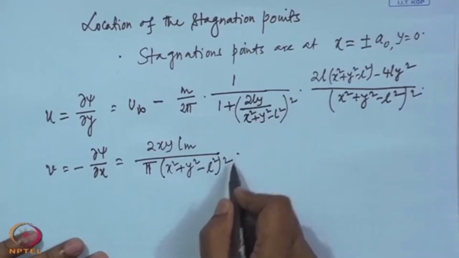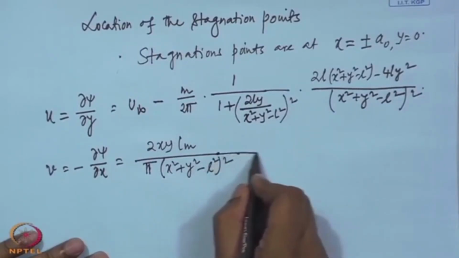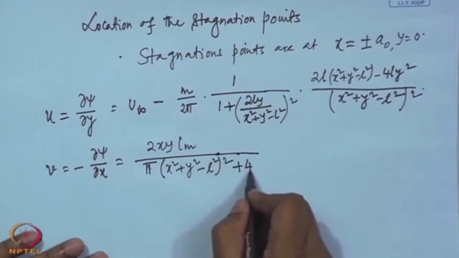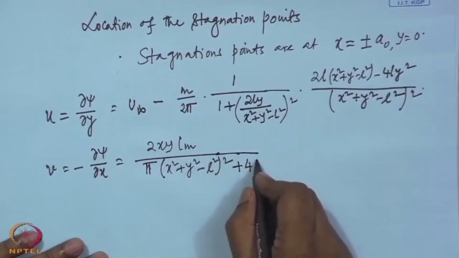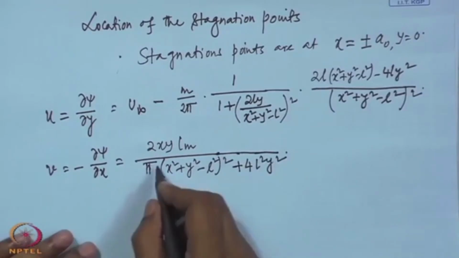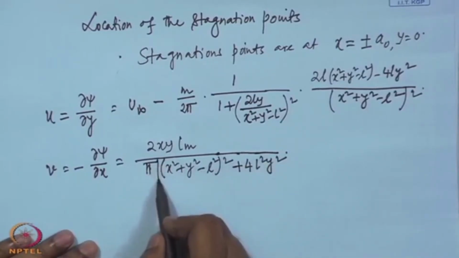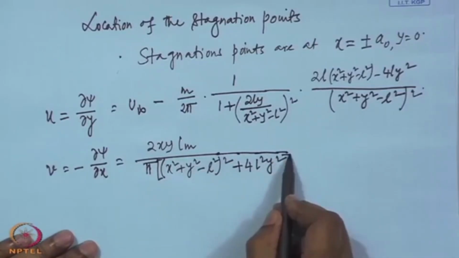Plus a separate term or on the denominator itself? So in the denominator plus 4 l square y square. So pi is outside the bracket. Pi I have written out. Achha. You will say this.